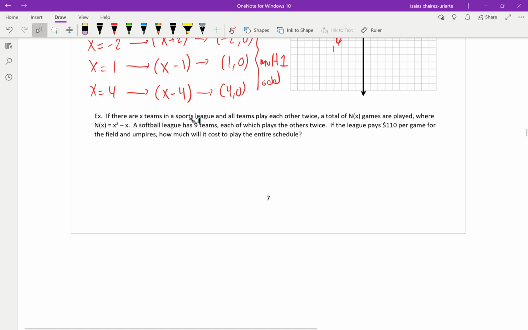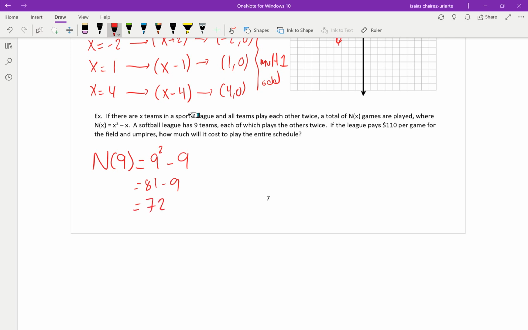So I need to know how many games are going to be played by a league that has 9 teams. The first thing I'm going to have to figure out is what's n of 9. Well, in this case it's going to be 9 squared minus 9. So that's 81 minus 9, which is 72. So a league with 9 teams plays 72 games.